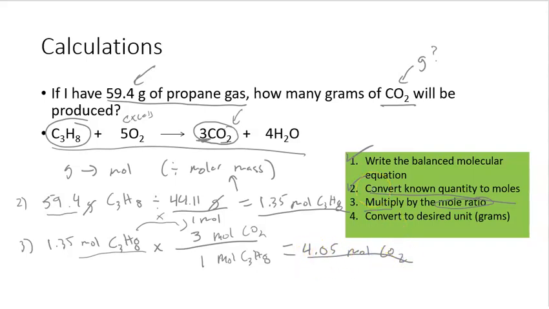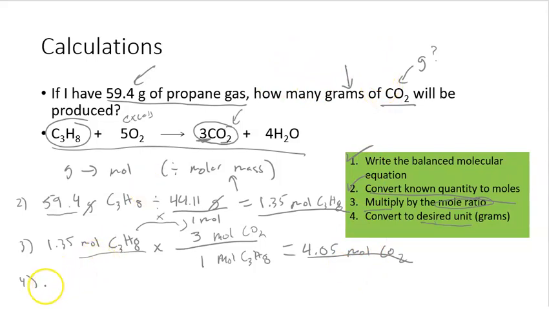Okay, now, final step here, step 4, says to convert to our desired unit. And in this case, our desired unit is grams, right? So, again, we know the number of moles of carbon dioxide. I want to know the number of grams of carbon dioxide. And again, you've already been taught that.